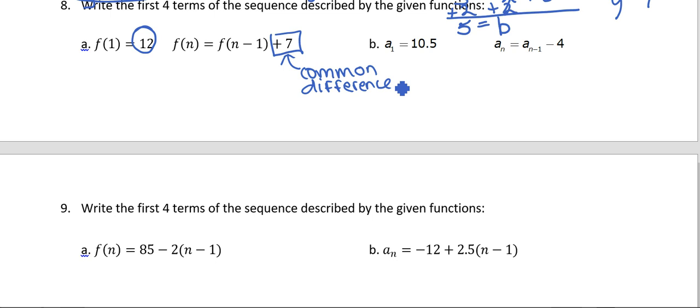So my first 4 terms then will be 12, 19, 25, and 32. So all I've done is add 7 each time.